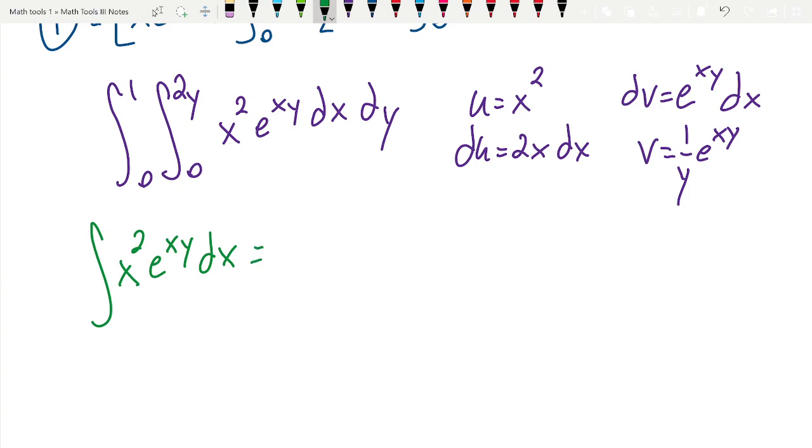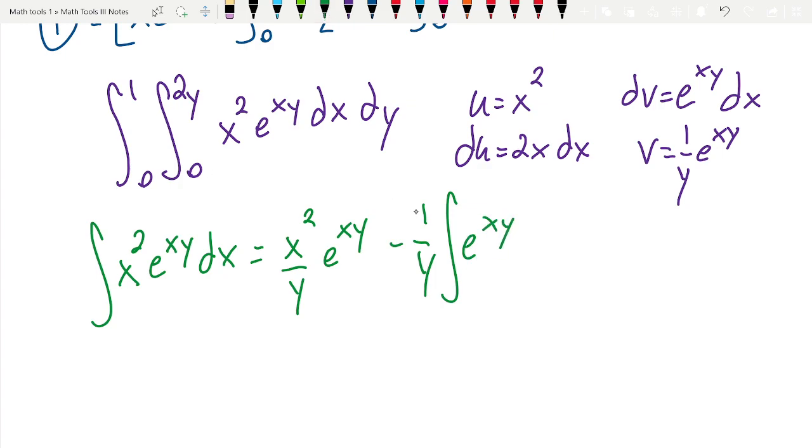So we have x squared over y e to the xy, minus, we're going to have 1 over y, the integral of e to the xy times 2, let's put that 2 out here, times x dx. So then we do a second integration by parts here.